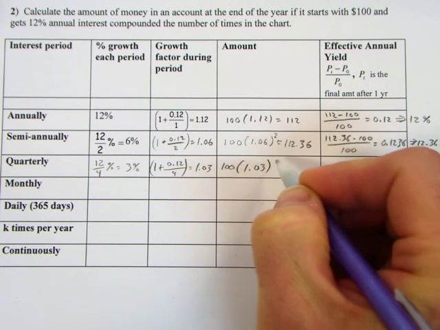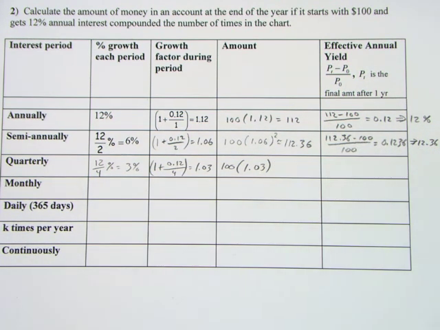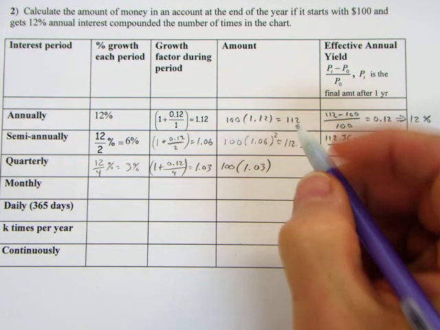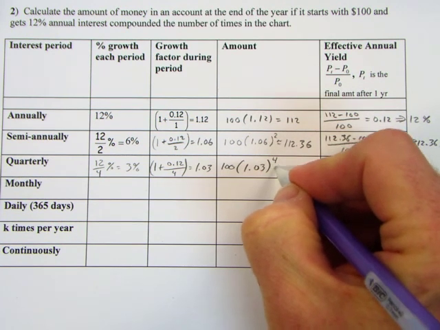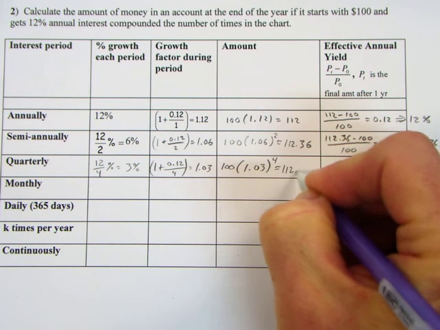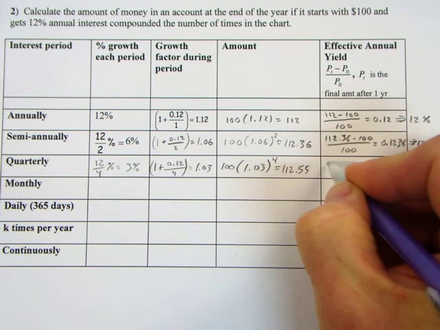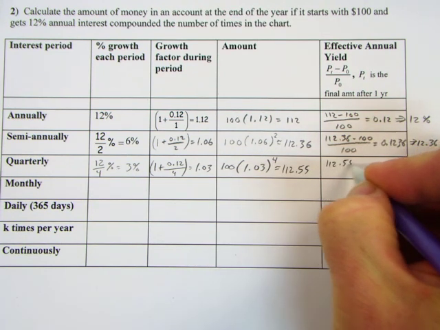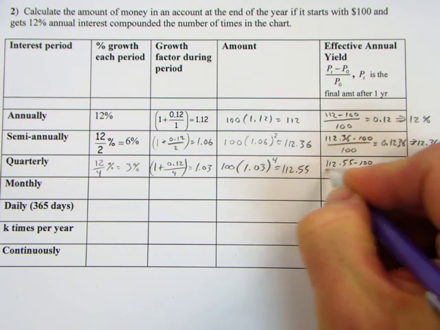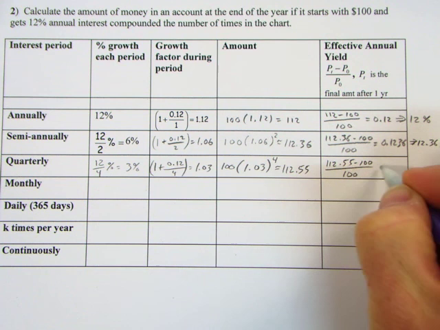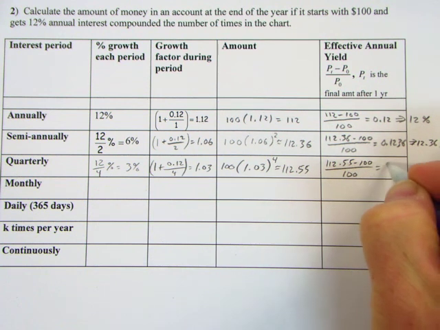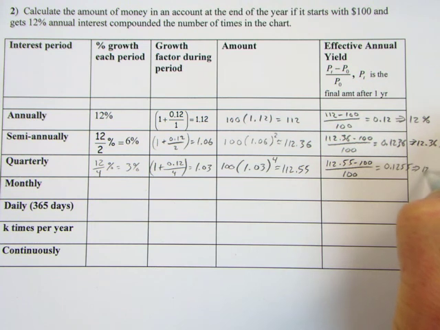Well, how many times are we going to compound this in a year? We're going to do it 4 times. Do that calculation, we get 112.55. Now we'll compute our effective annual yield, the 112.55 minus 100 over 100, and we get 0.1255, which means we have now 12.55%.